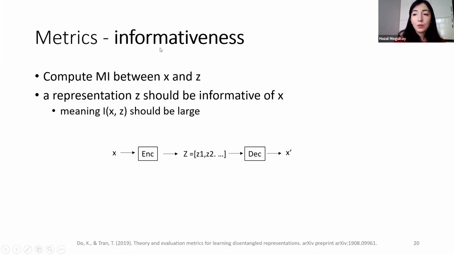If we want to measure the informativeness of our method, we can simply compute the mutual information between our data point and our representation. So let's consider this variational autoencoder architecture. If our representation space is informative, it should have high mutual information with the dataset.